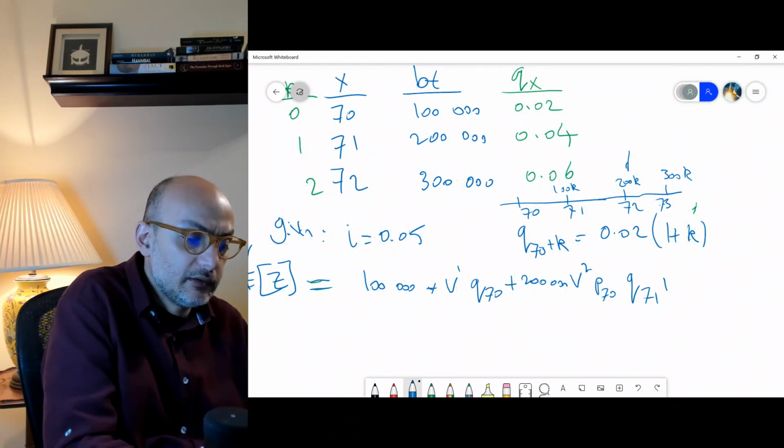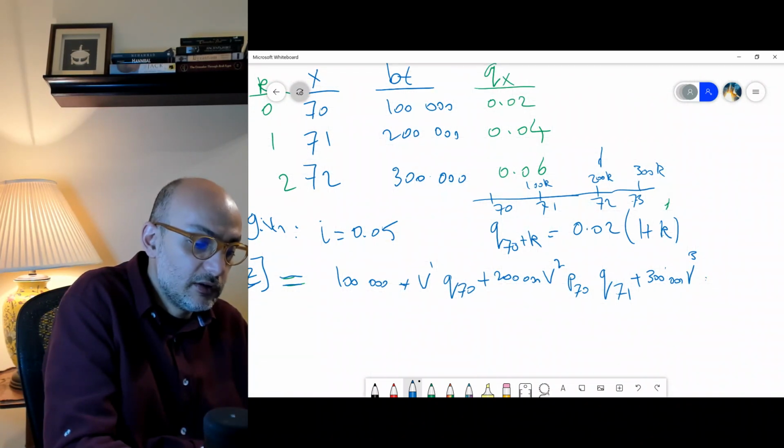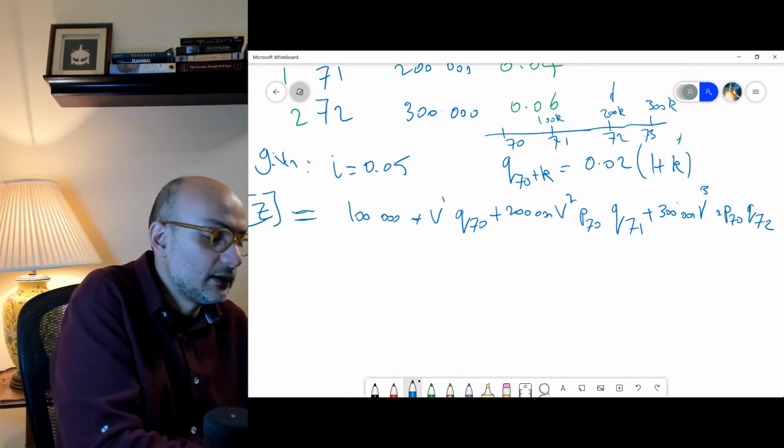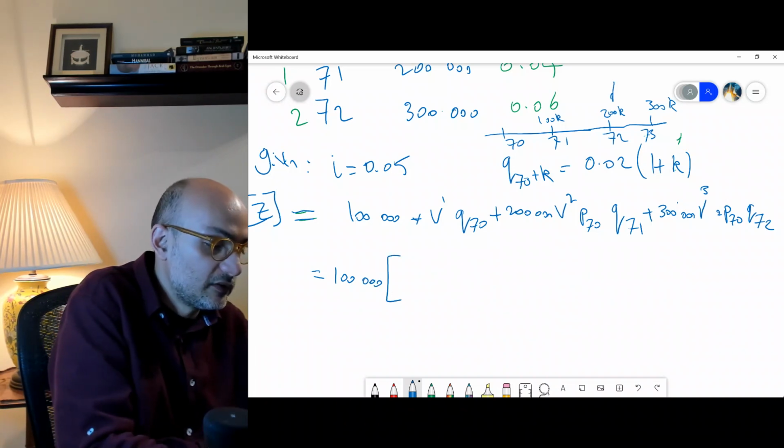Now the third value, 300K: we need to discount it 3 years, and the probability is 2P70 times Q72. You plug in. Let's take 100,000 and factor it out. It's easy.